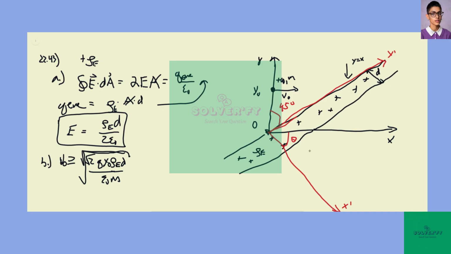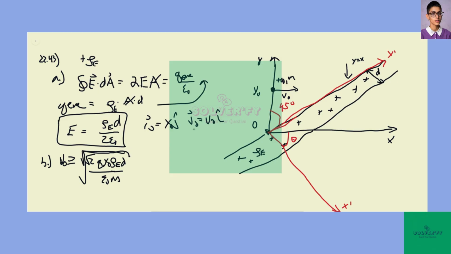Okay, so in the new coordinate system, we can do some transitions here. Initially, I'll write in black for the old coordinate system. We have r naught vector is y naught j, and v naught vector is v naught i.